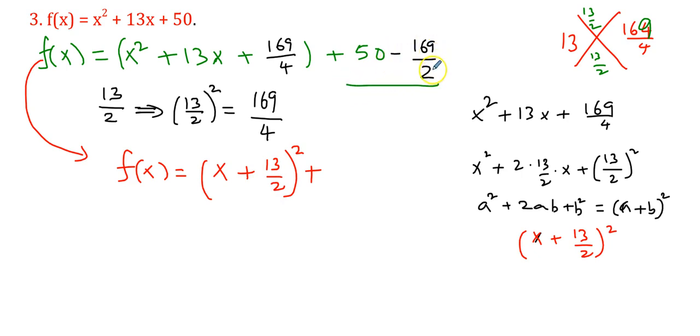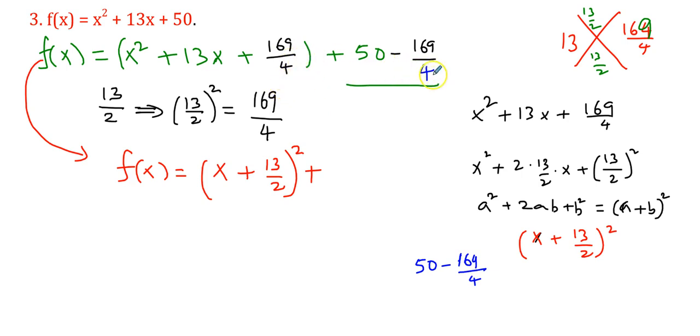50 minus 169 over 2. How do you simplify that? They said if it is possible we have to simplify. 50 minus 169 over 4. I'm sorry, this is not 2, that's 4. If I added 169 over 4, I have to subtract the same thing.